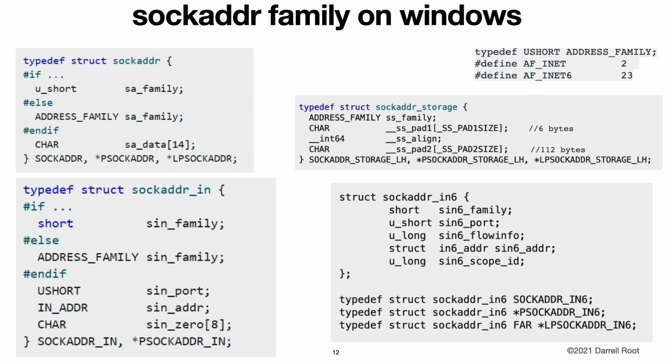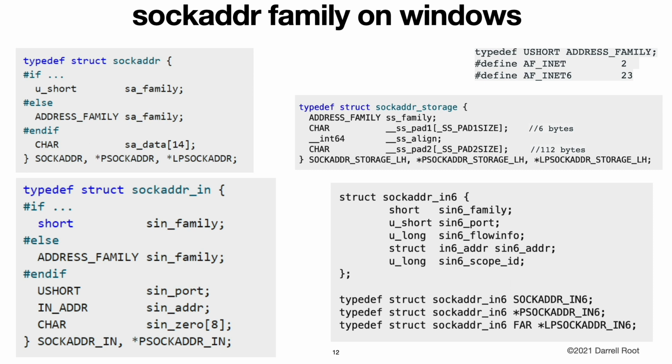The first thing in each of the data structures is the family. So you can look at the family and see if your family is IPv4 or IPv6. If your family is IPv4, then you cast your sockaddr to a sockaddr_in, and then you can read the address.